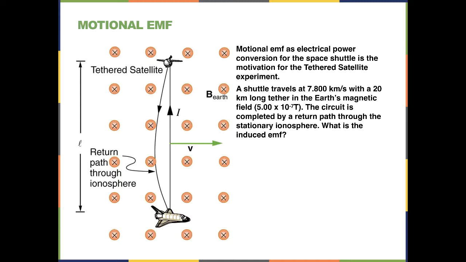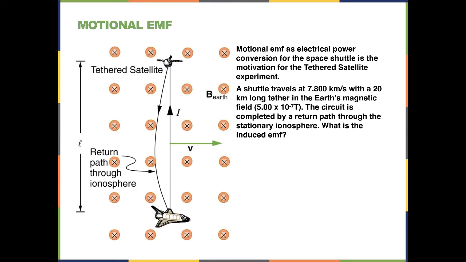If you look on page 818 in your book, you'll find the solution to this. It's very simple. The induced EMF is equal to the field times the length of the tether in meters times the speed in meters per second.